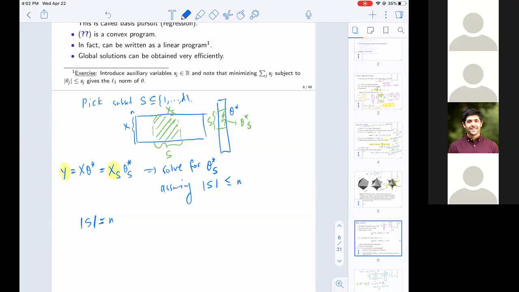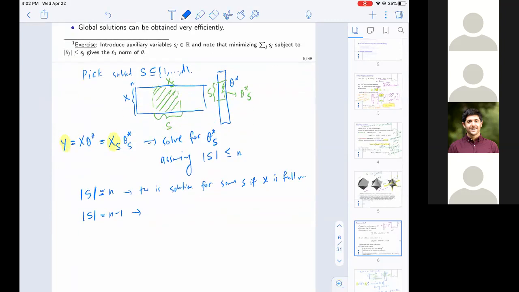So in that case, there is a solution for some S. Then you drop, so you search over all the S's of size n minus 1 and see if you can find a solution there. If you can, then you drop it again.